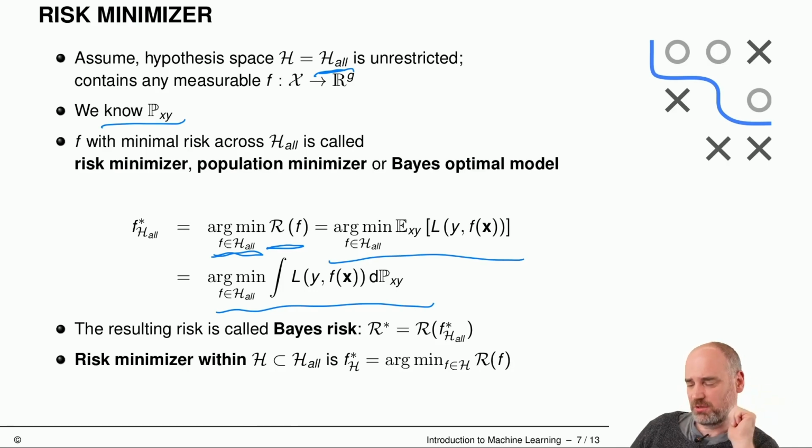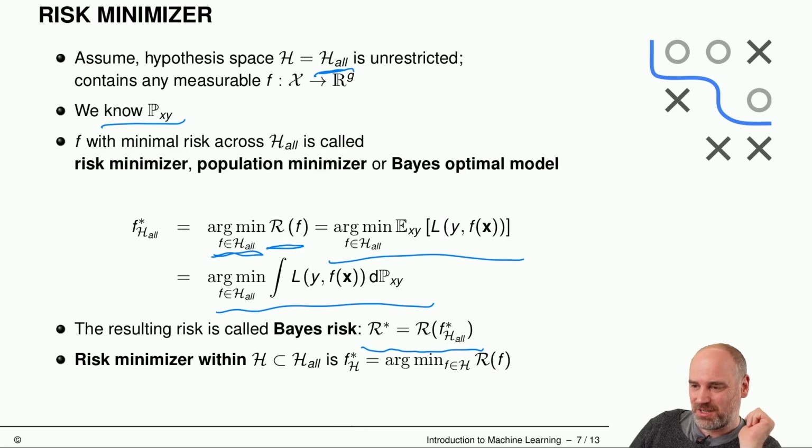And this optimal function in this theoretical space, from this maximally large space of all measurable functions, that's the risk minimizer. This is as good as it can be. No better model can exist, at least in a theoretical sense. And for theoretical optimal, I will use a little star to denote that.